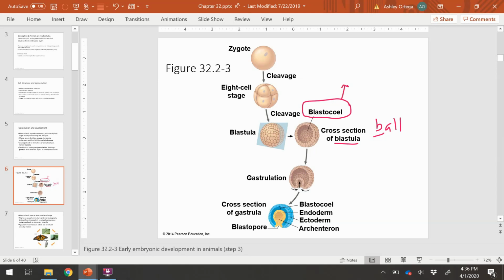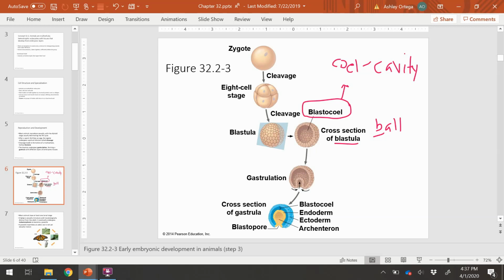The blasto coming from the blastula in terms of that first part, and coel in this form means cavity or opening. Not like the teeth cavity. Cavity is just an opening region where there's really nothing there. So coel means cavity, and you'll see that in this chapter.